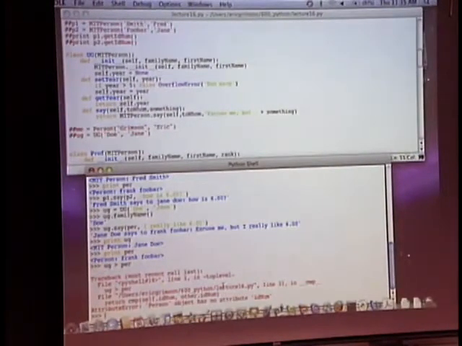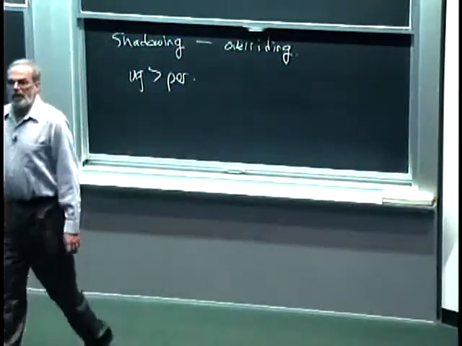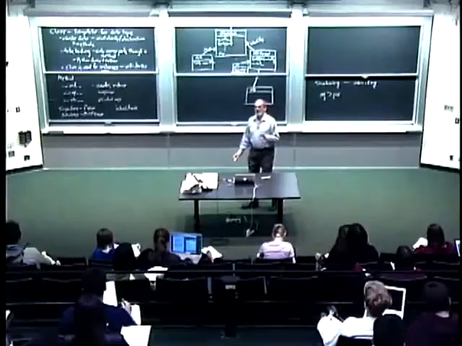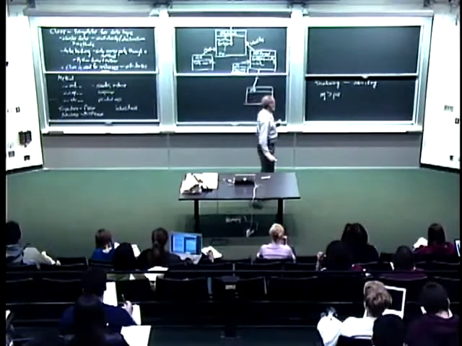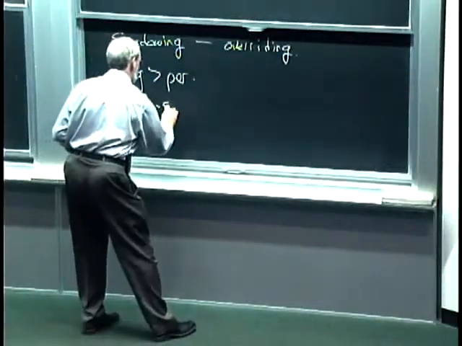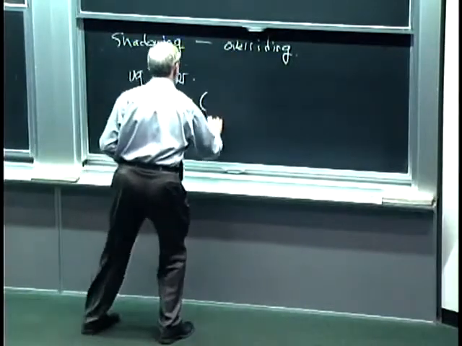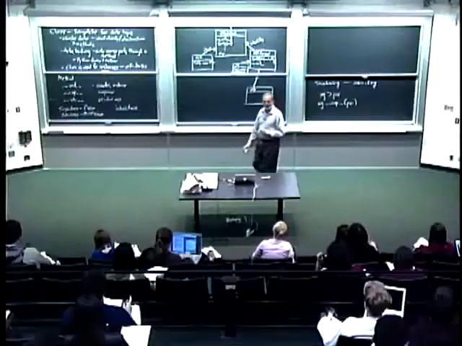I was doing UG greater than PER. What this unwinds into is I'm going to send to UG, that instance, a CMP method. This is really going to become something like UG.CMP applied to PER. I think that's close.